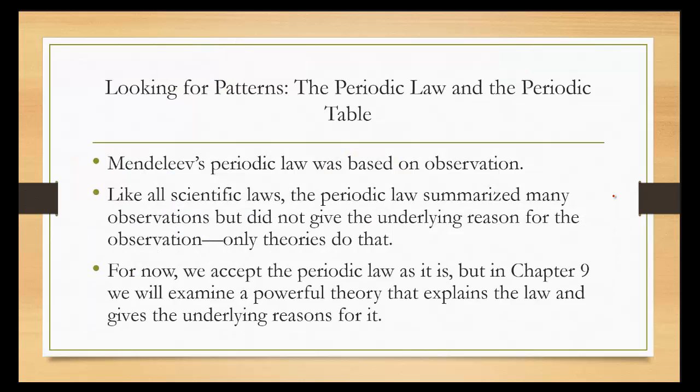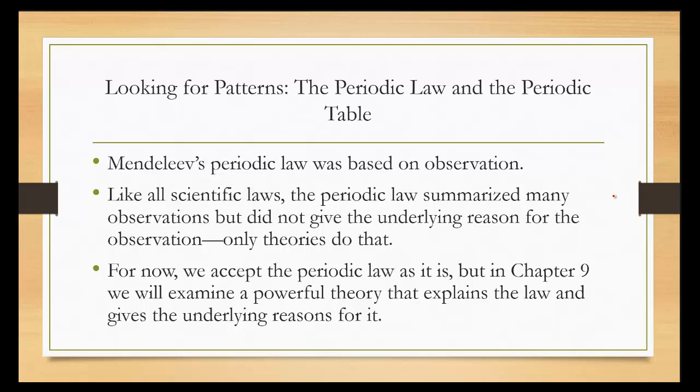Mendeleev's periodic law was based on observation. Like all scientific laws, the periodic law summarized many observations but did not give any underlying reason for the observation. Only theories do that. For now, we accept the periodic law for what it is.